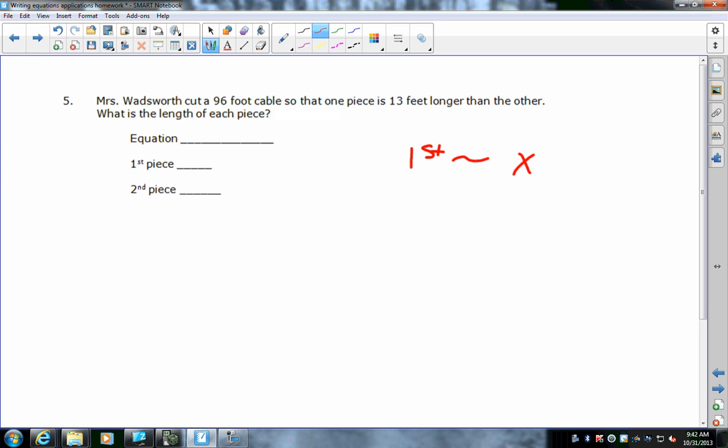No, it's got to be x. Now the second piece, it says it's 13 feet longer. So what does that mean we do? We add. We take the first one plus 13. Now, if you take the first one, x, plus the second one, x plus 13, that should equal 96.